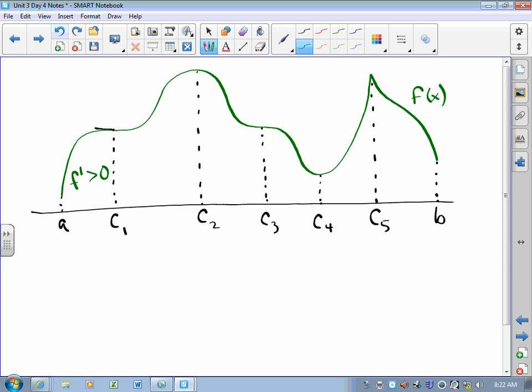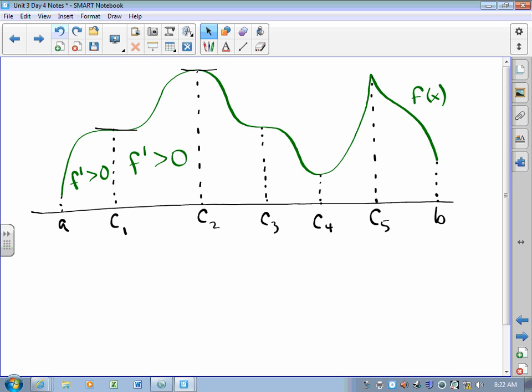Now, at C1, we're flat. And then what happens until we're flat again at C2? What do I know about f prime? I know that f prime is positive.